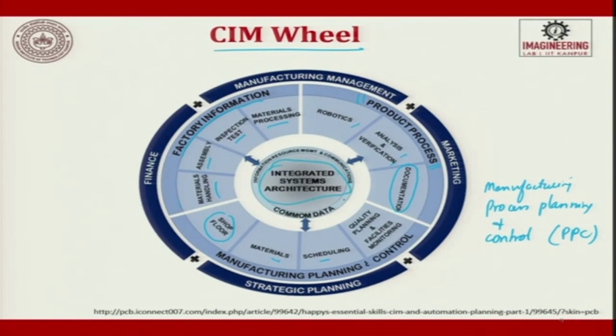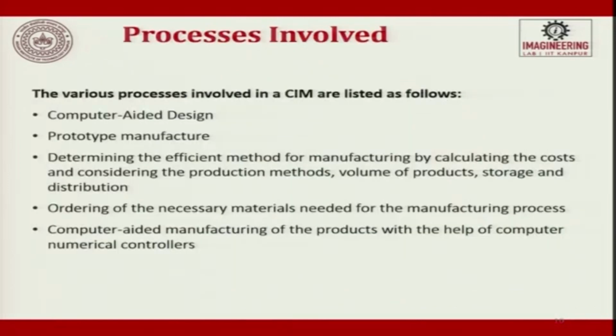So, this entire process, or the entire drawing, is called the SIMS wheel. The processes generally involved in SIMS are computer aided design and prototype manufacturing. They determine the efficient method for manufacturing by calculating the costs and considering the production method, volume of products, storage and distribution.